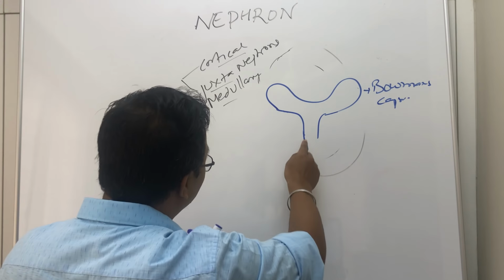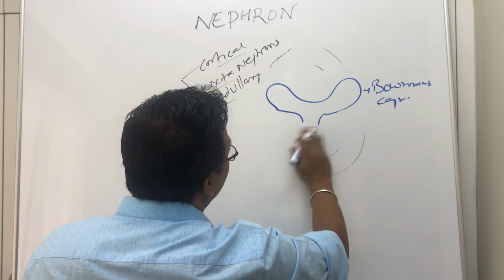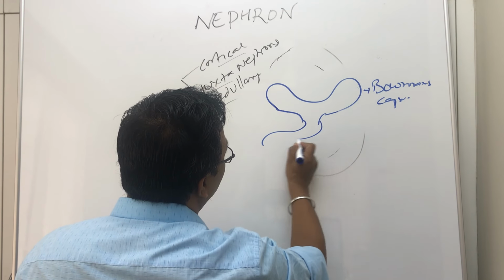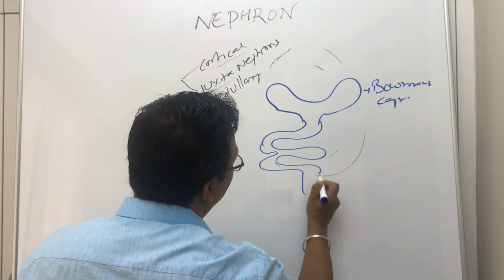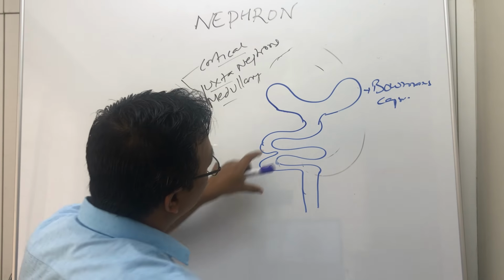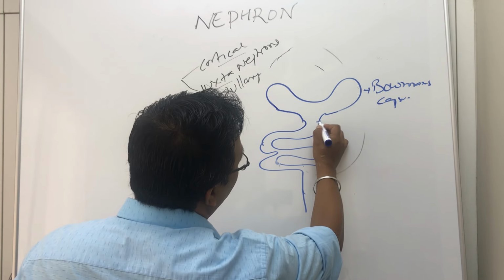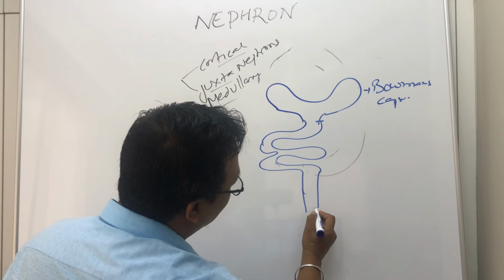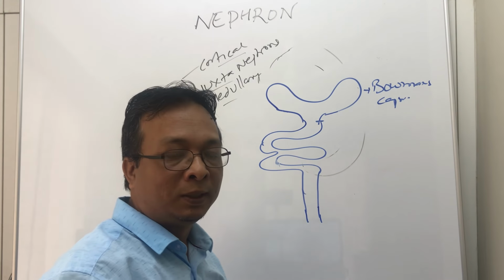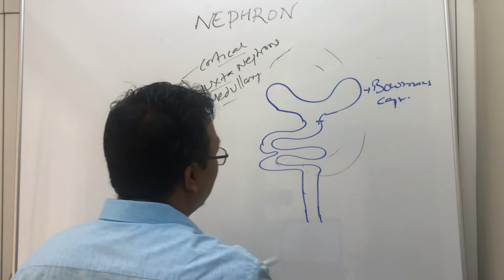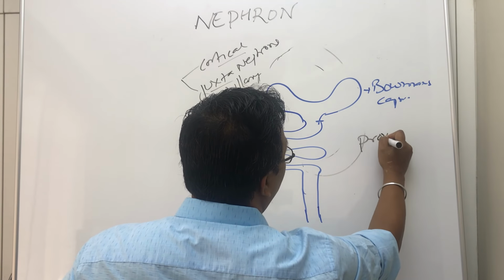This tubule is coiled, and then it becomes straight. From the lower part of the Bowman's capsule up to here, we call it the proximal tubule.